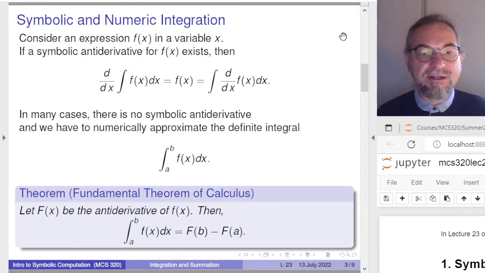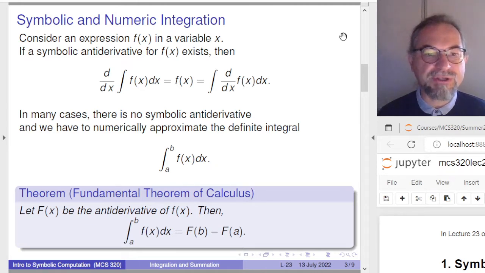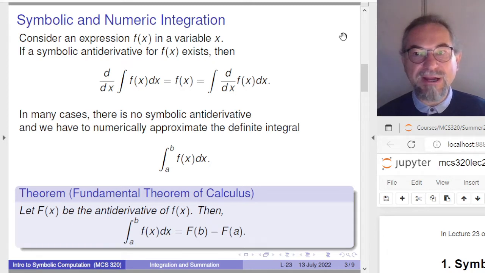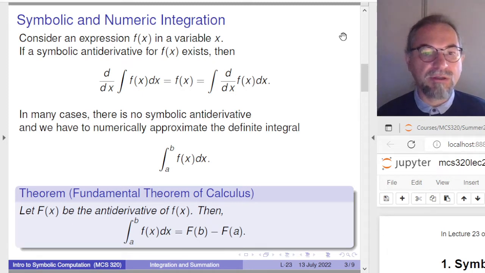Now, stated here, this is not really a complete version of this theorem. There are limitations on the use of this theorem, as I will try to illustrate with the next example.